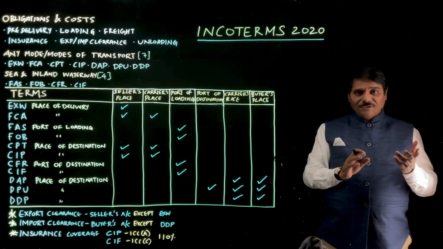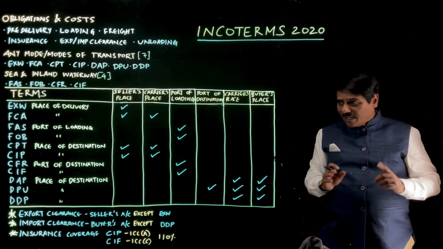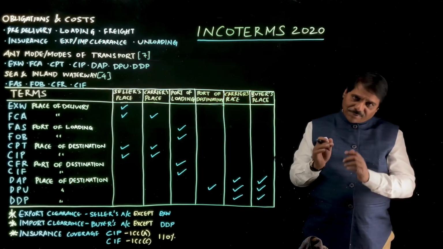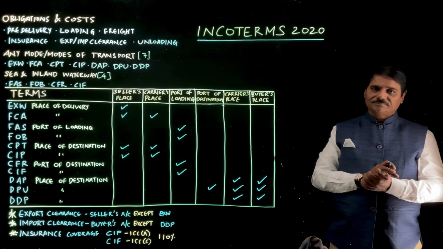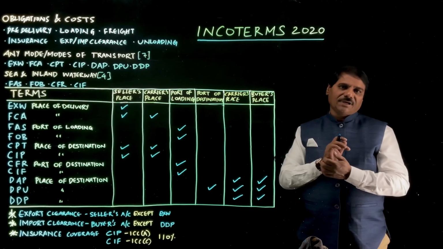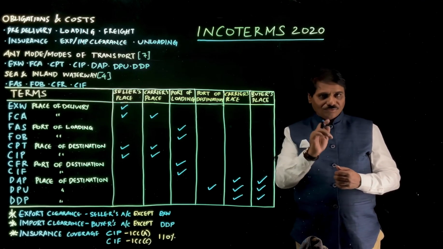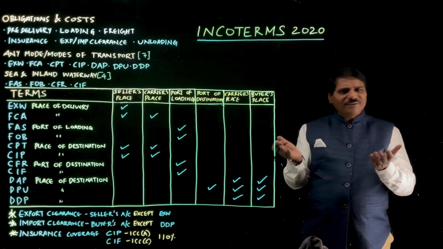However, import clearance must be taken care of by the buyer against delivered at place and delivered at place unloaded. Buyer has to clear. Only in case of delivered duty paid, seller has to arrange for import clearance also. So which is very difficult.